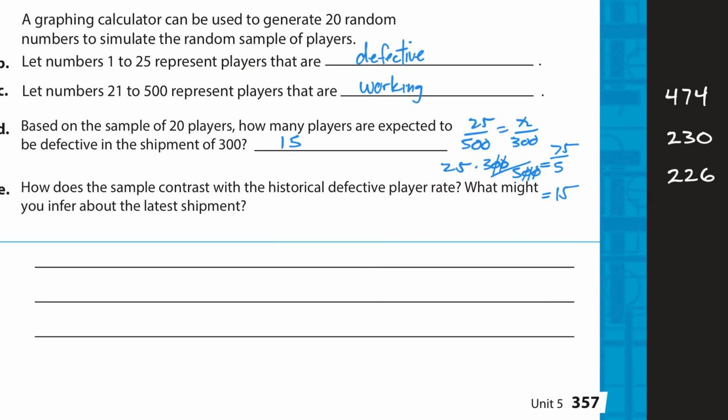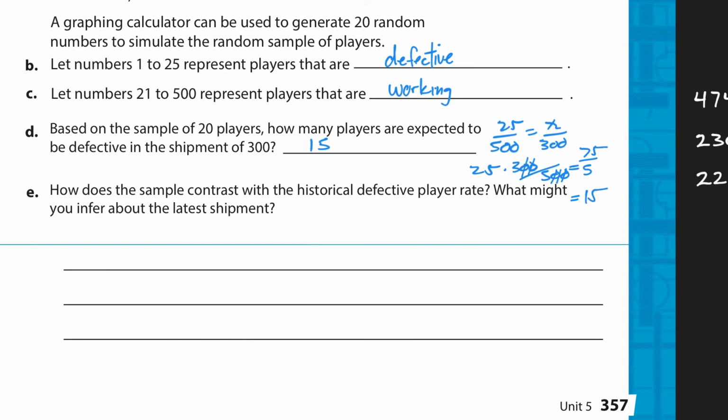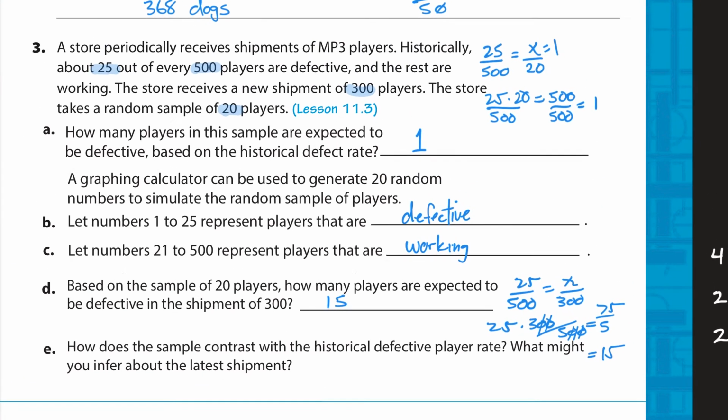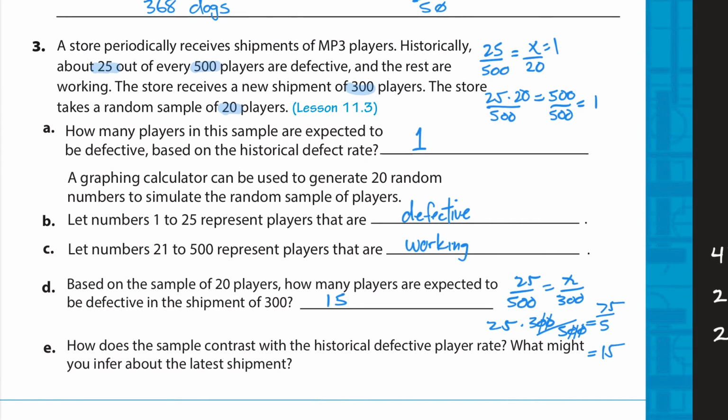And so here we go with this. How does the sample contrast with the historical? So remember, the historical they gave us up here, it was right here, 25 out of 500.